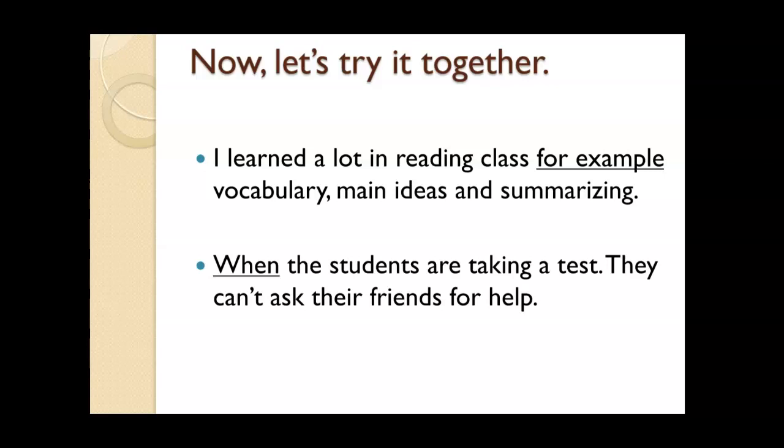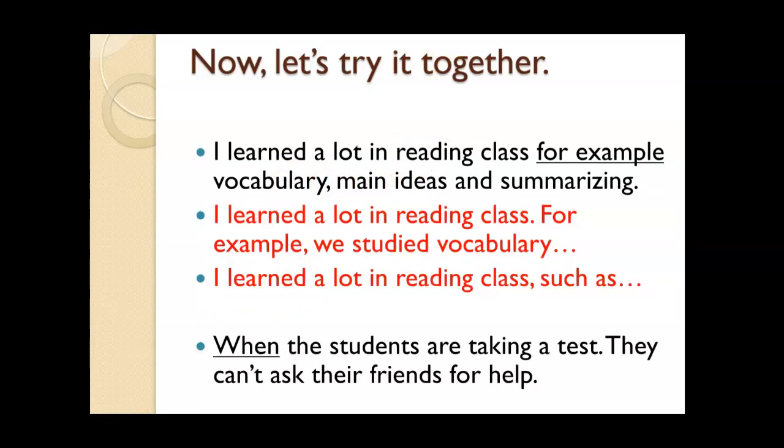Let's look at the first sentence, which is for example. Hopefully you know that when we have for example, we need a new subject and verb after it. Or we need to change to a different connecting word if we just want to use these items in a list. So let's look at two different ways that we could fix it.